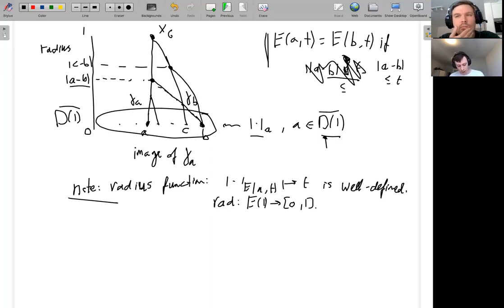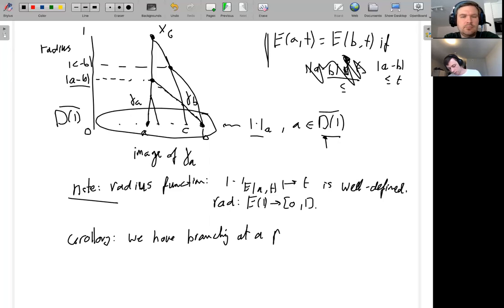Okay, and as a corollary, because it's not really anything special, we have branching at the point x in E1.